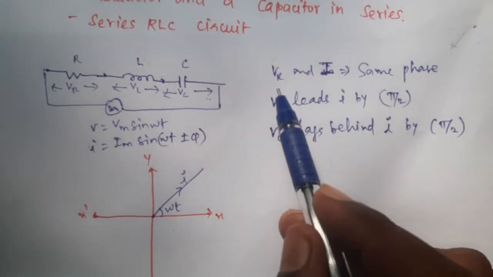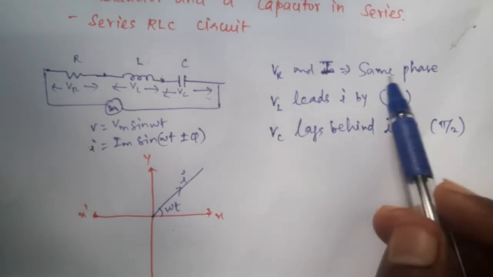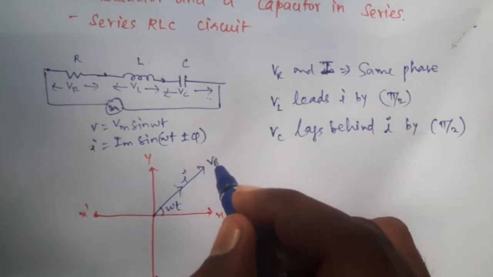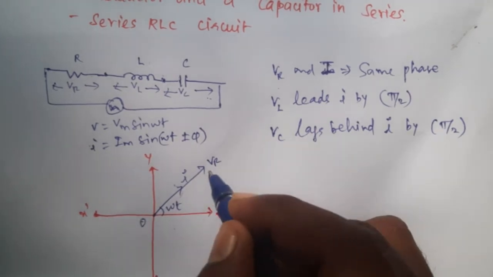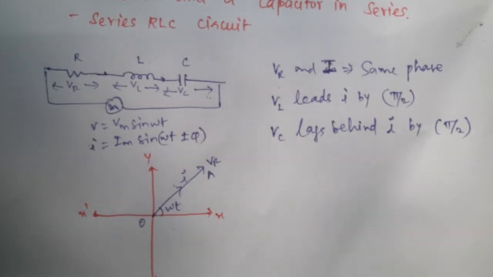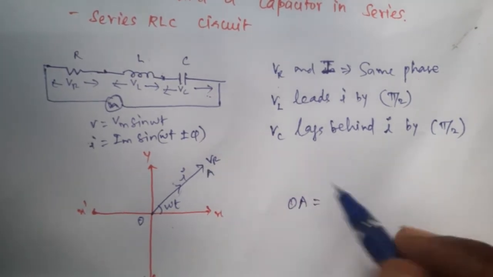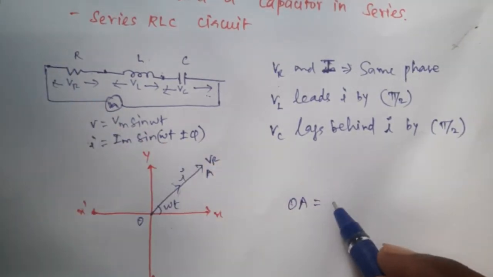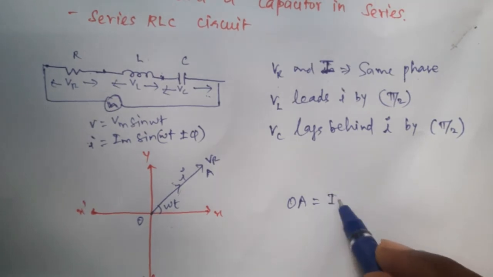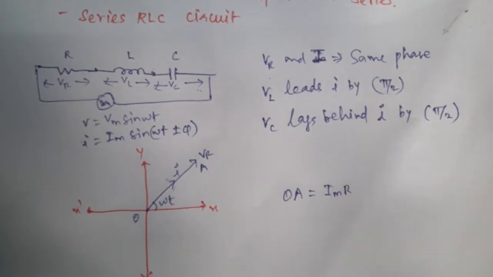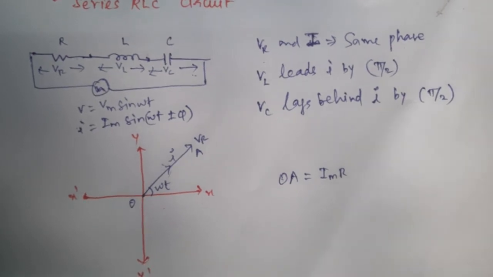We know that VR and I are in the same phase. So this OA line represents the voltage across the resistor, IMR, where IM represents the maximum current and R represents the resistance.